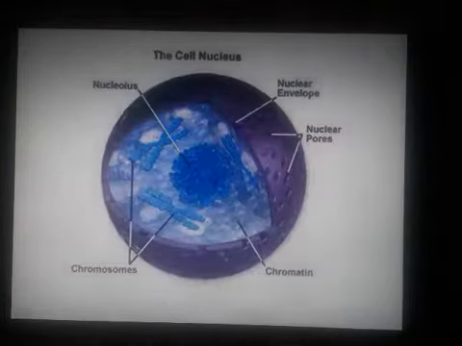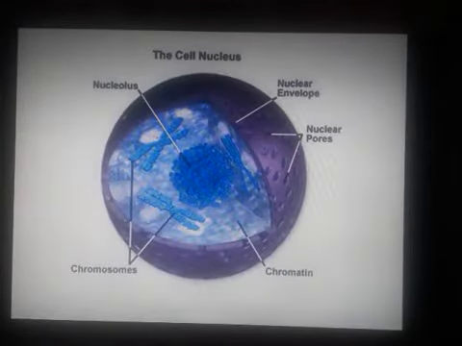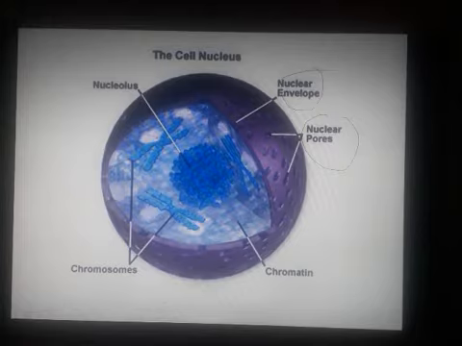Now if you see the structure of the nucleus, this is the cell nucleus, with the outermost nuclear membrane, the nuclear envelope, and nuclear pores. These help in entry and exit of material in and out of the nucleoplasm and cytoplasm, that is in and out of the cell. Inside the nucleus you have nucleoplasm, which is like cytoplasm, a jelly-like structure.